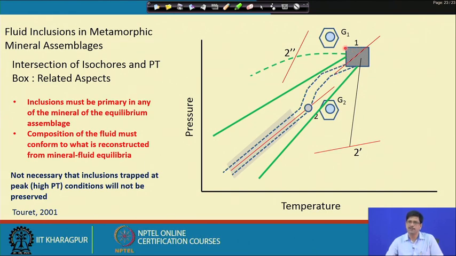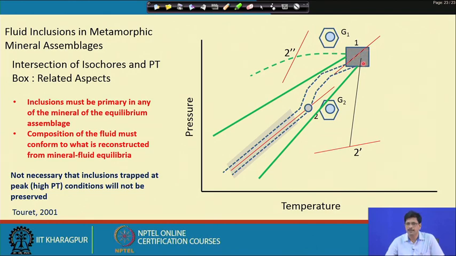So, acquire the microthermometric data and then draw the isochore. If the isochore happens to pass through the PT box defined by phase petrology, then we conclude that this represents the peak metamorphic fluid. That is the characteristic of the peak metamorphic fluid.